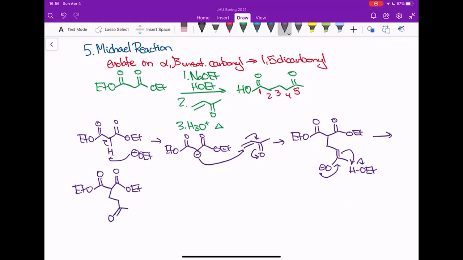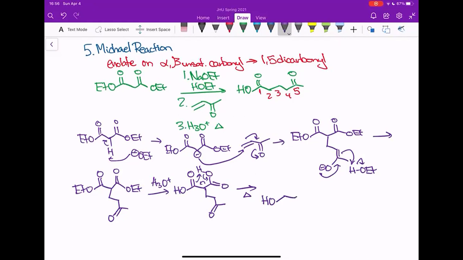And then from this, we're going to do that third step with the acid quench. And from your acid quench, you're going to replace all of your esters with carbonyls. Sorry, not carbonyls, carboxylic acids. And then your decarboxylation will automatically happen right here with that 6-membered intermediate.